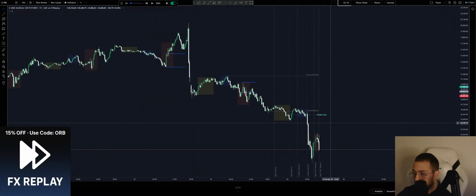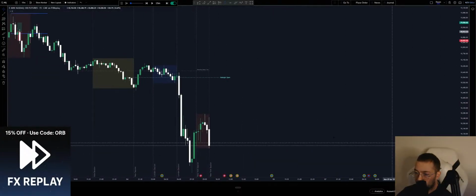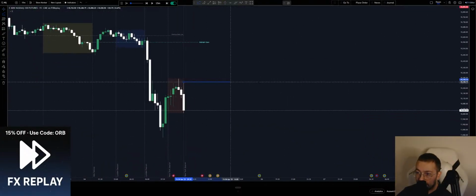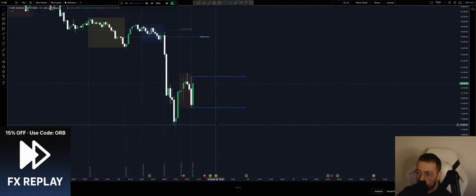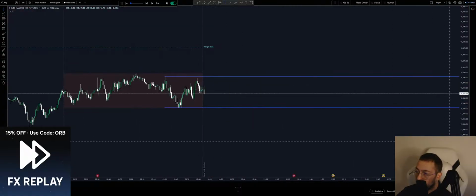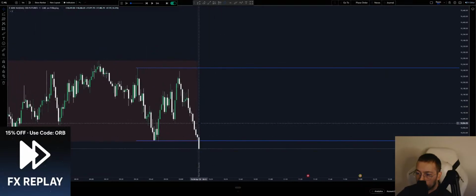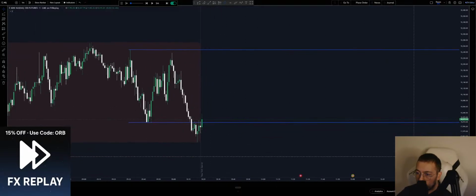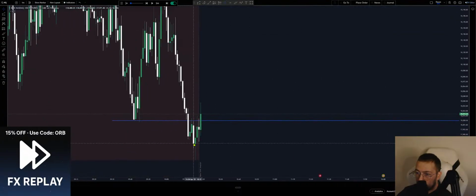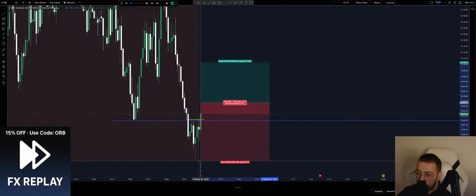Next day. One trade a day, obviously, one trade a day. Okay, now here it's 10 a.m. We sweep the low, we invert the fair value gap, stop order above this level, stop is here, targeting 1 to 1.